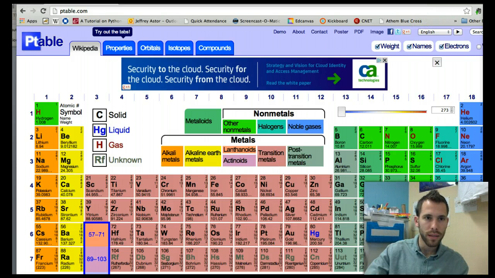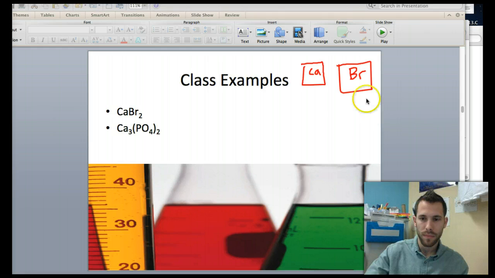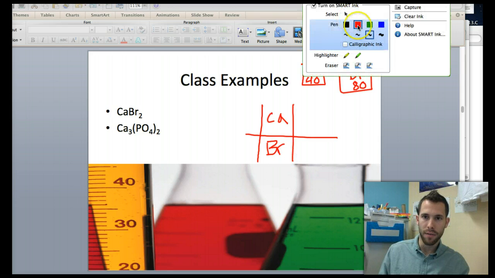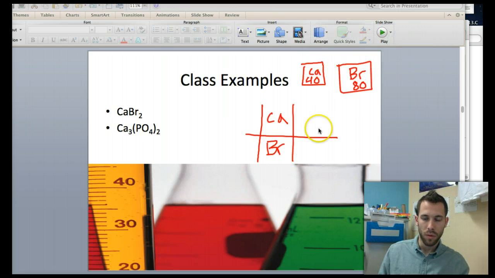So let's say it's 40 and 80. Here, calcium with the molar mass of 40, and bromine with the molar mass of 80. All I need to do is make my table. Calcium here, bromine here. I have calcium weighing 40 as the molar mass, grams per mole. Bromine weighs 80.